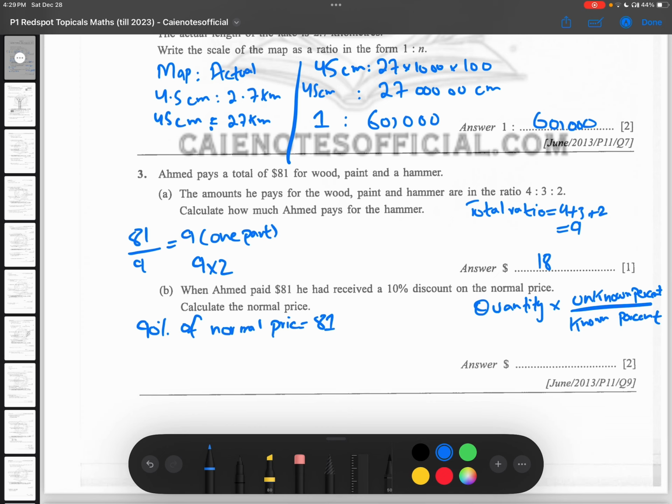So over here, the known percentage is 90. 81 is the 90% normal price, and the unknown percent is 100.